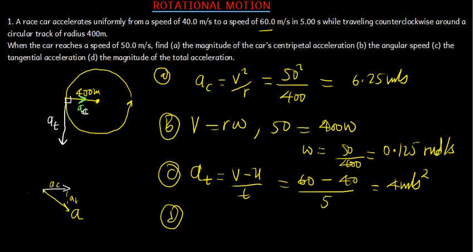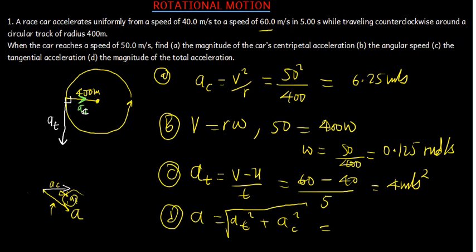Now we can see that for us to find the hypotenuse here, because it's making 90 degrees here, just get AT, this one, square it, and get AC, also square it, and square root. So the total acceleration is actually just using the Pythagoras theorem.